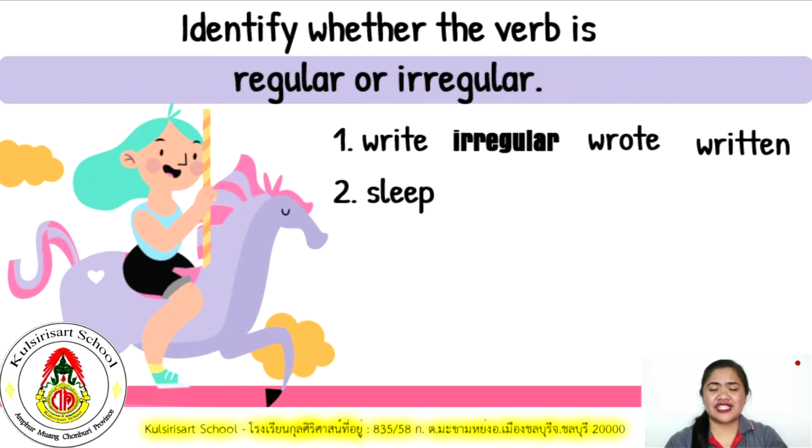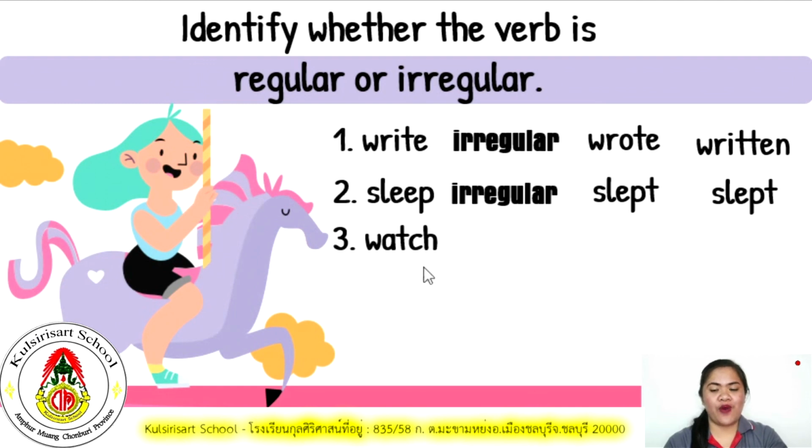Now, do you think sleep is regular or irregular? Say it again. Very good. It is irregular. Why do you think it's irregular? Okay, you remembered it. Sleep, the past tense of it is slept. And of course, the past participle is slept. Sleep, slept, slept.